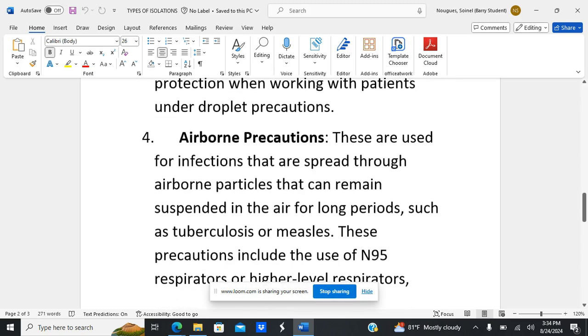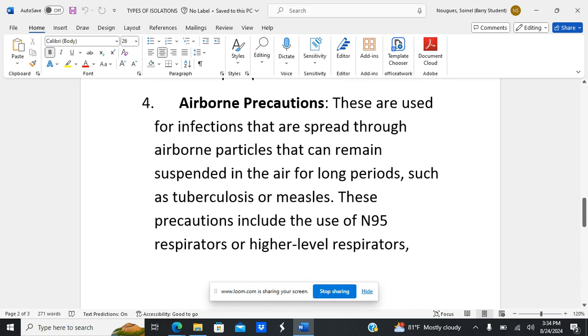Very important: airborne precautions. I cannot count how many times students tell me they got this question. Airborne precautions, this is important. The germs are going to stay in that room for a long period. Make sure you disinfect or clean the room so that you do not get infected.